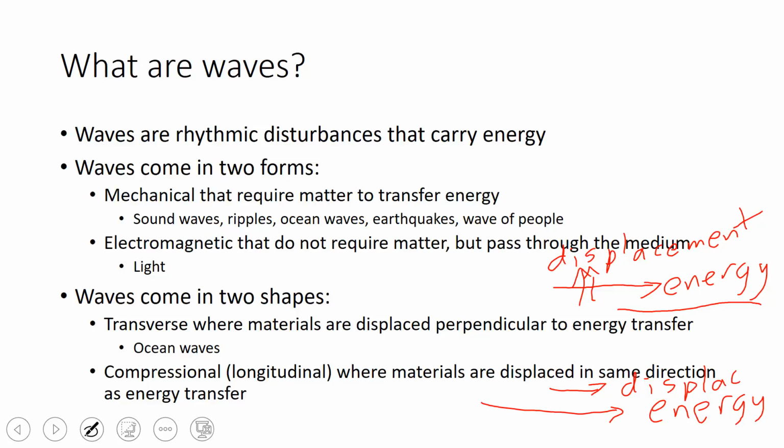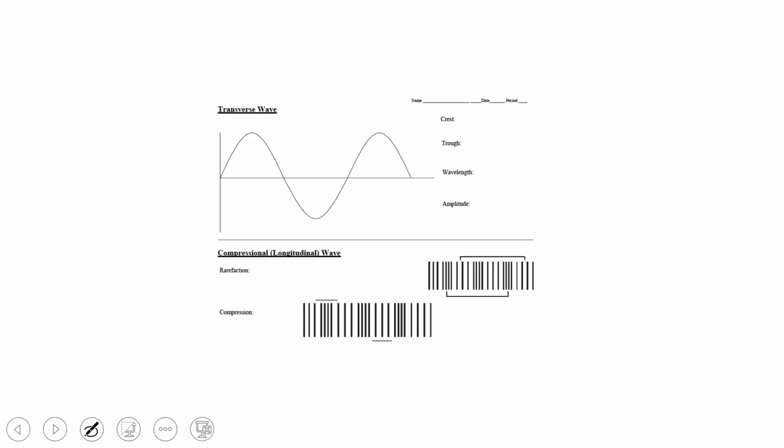These are less common waves to interact with in terms of what you're actually thinking about. But sound travels this way, and I'll show you in a future slide a better example of this than just telling you sound, and show you how it actually works.